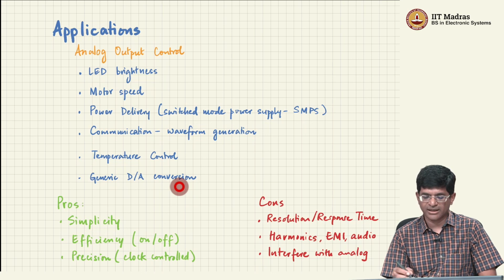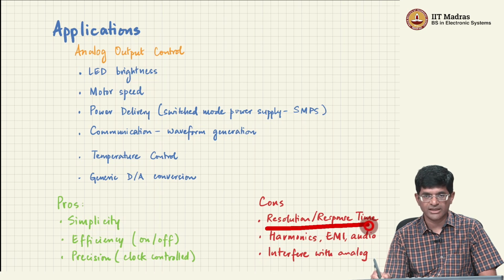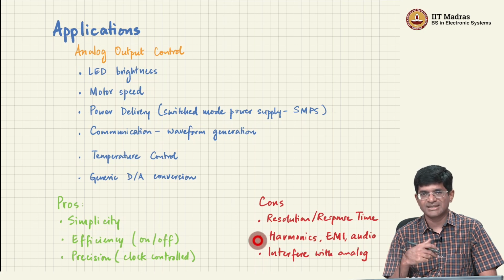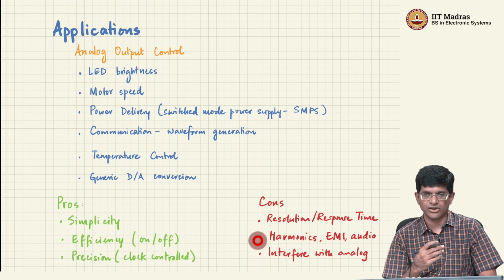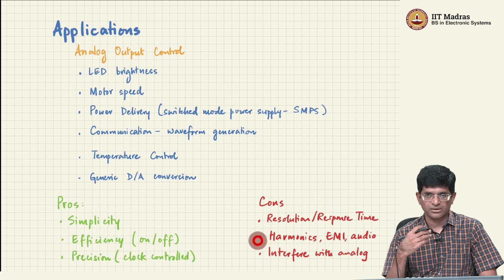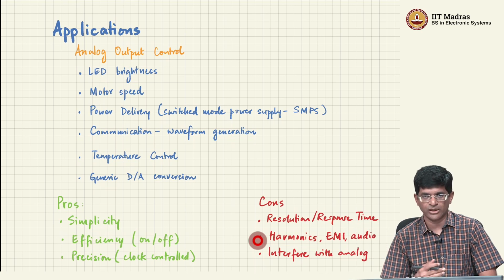One of them is the fact that although your clock does give you precision control, it also limits your resolution and response time. Right? Some of the bigger problems with PWM are the fact that this high speed switching can actually cause radiative effects. You can effectively generate radio waves at some other frequency which can escape from your PCB and then radiate out into the air and interfere with other devices around you.